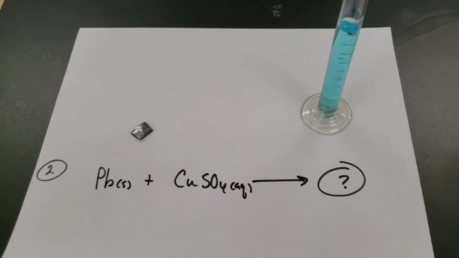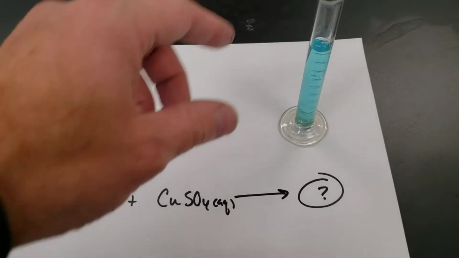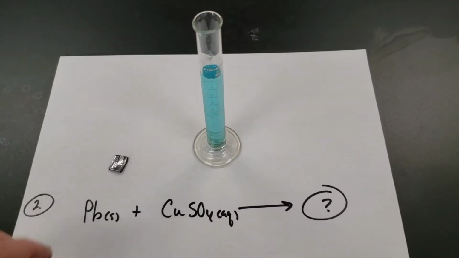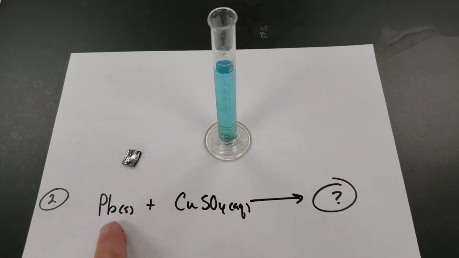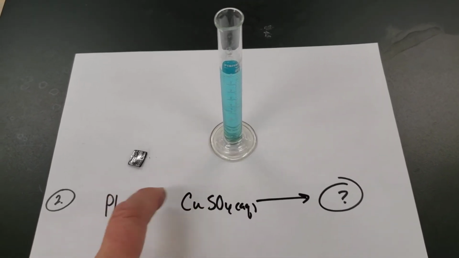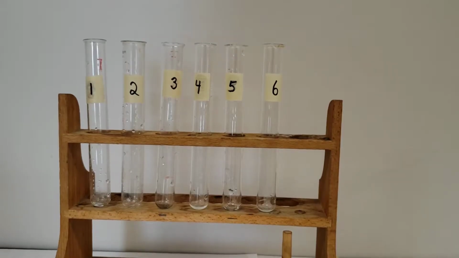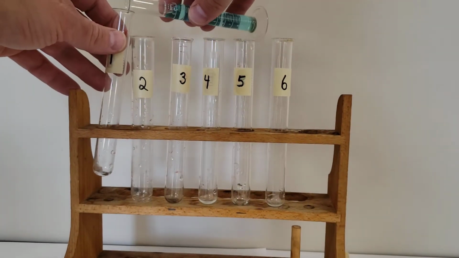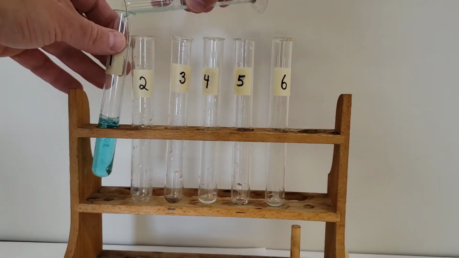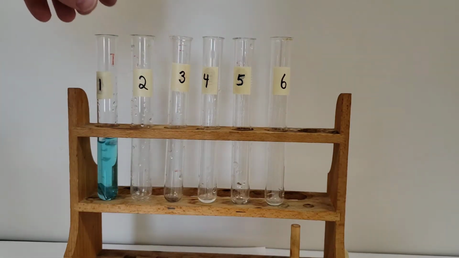Reaction number 1 has some nice shiny lead, and to it we're adding copper sulfate, an aqueous solution. We're seeing: is lead active enough to replace the copper? All right, so we'll add the copper sulfate solution, and we'll add lead.